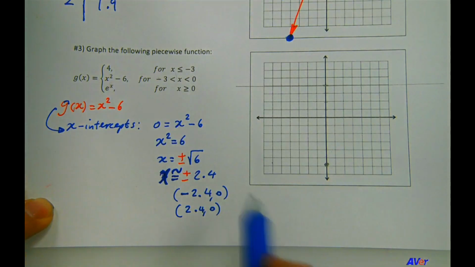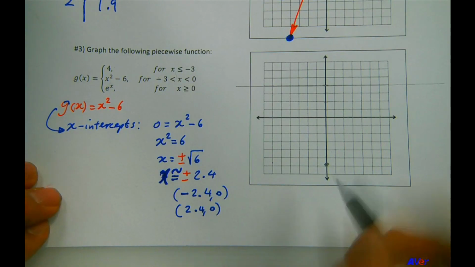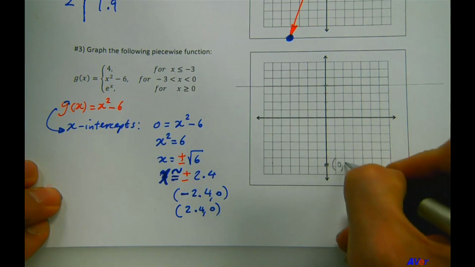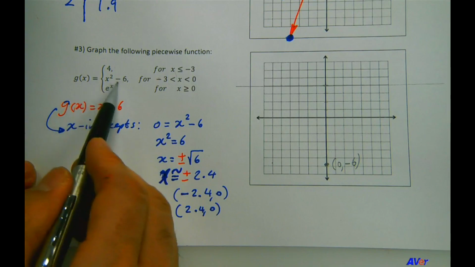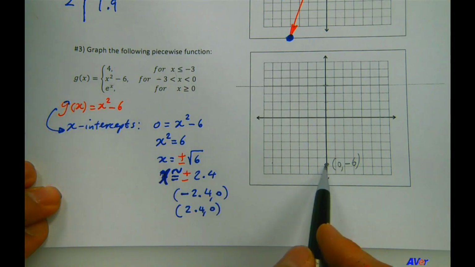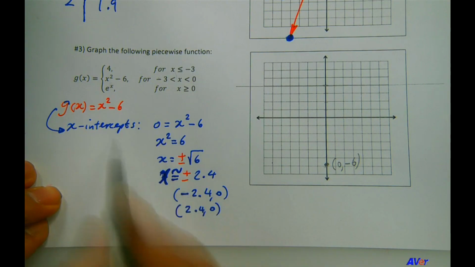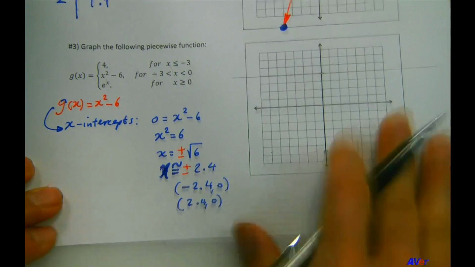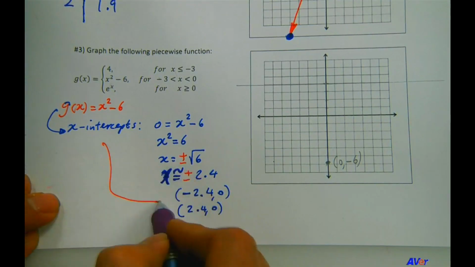So now let's plot this with my pencil, of course. So this was the y-intercept. That was easy to get. For the x squared minus 6 piece, that's the y-intercept. The x-intercepts are these. So let me make sure that I identify that.